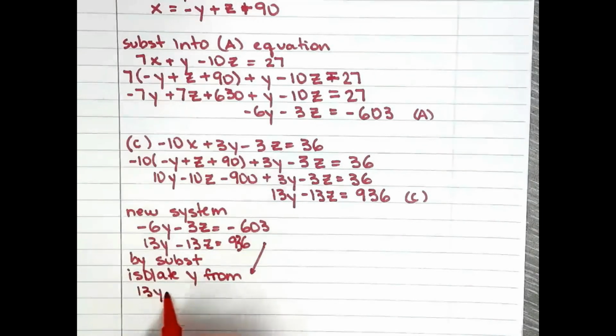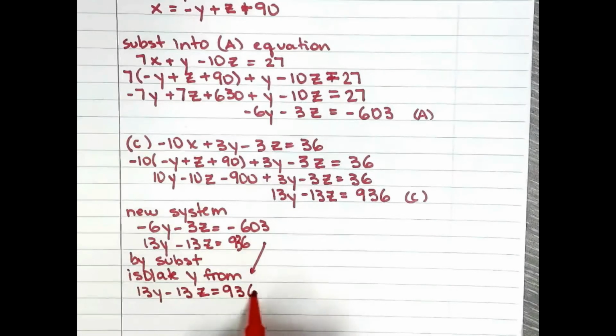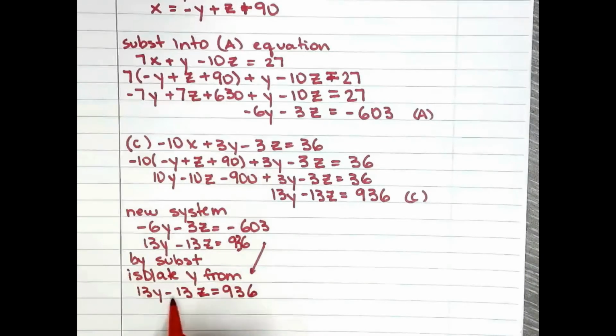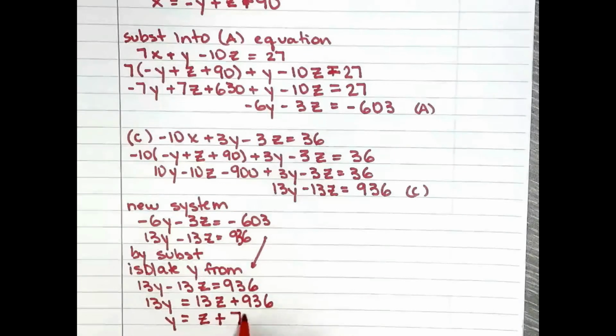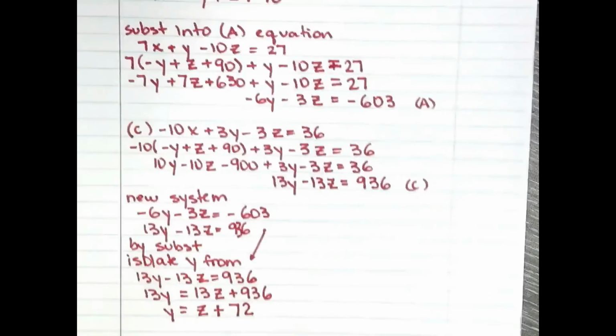So 13y minus 13z, not x, z. So I have to add 13z to both sides. Divide both sides by 13. Yay!